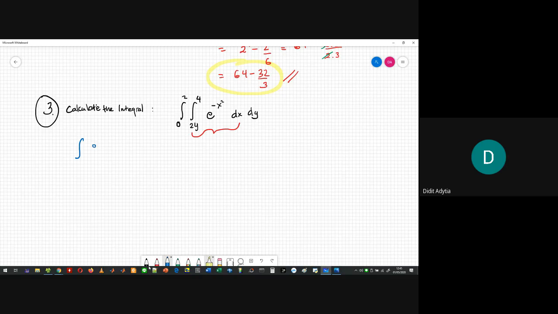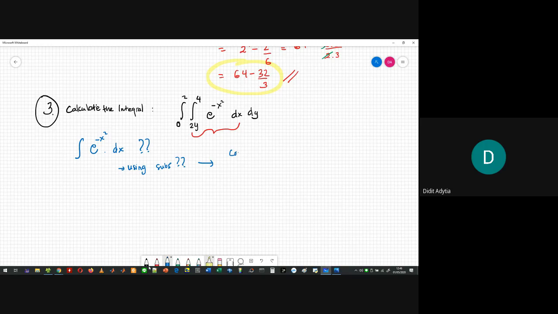What is actually integration of this one, dx, okay? How can we calculate this? Using substitutions? Substitutions? We don't know. We try, okay?